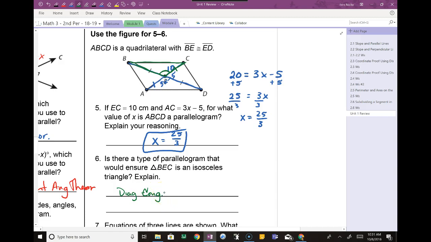Okay, so there's two possible shapes. You could be working with a square or a rectangle. So squares and rectangles both have congruent diagonals.